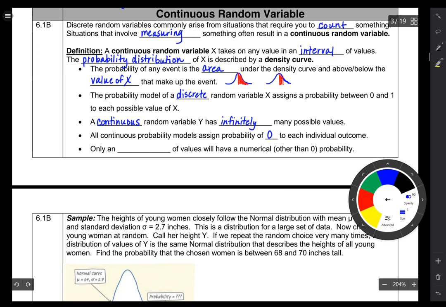That's why we don't use, on the distribution menu of your calculator, where you press second and vars, a normal PDF, because a normal CDF is a cumulative distribution. Only an interval of values will have a probability other than 0. It might not make much sense now, but it will when we do our examples.